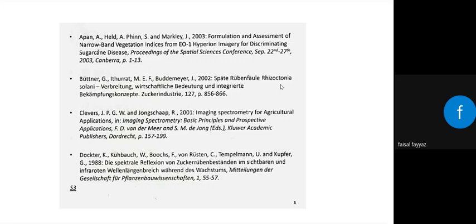You are looking at the example: Appin A Hurd, Appin S and Markley J 2003, formulation and assessment of narrow band vegetation indices from EO-1 Hyperion imagery for discriminating sugarcane disease. Proceedings of the special science conference, and again the publishing date and place.